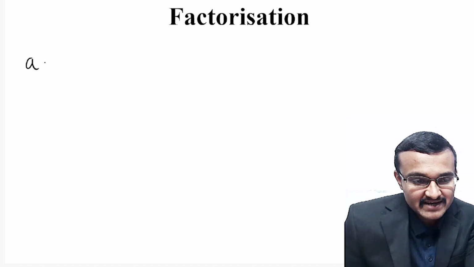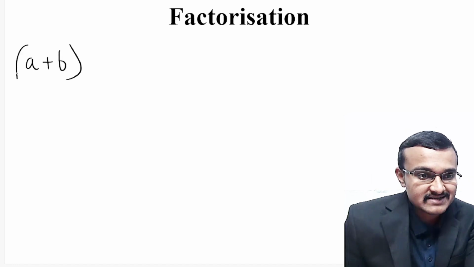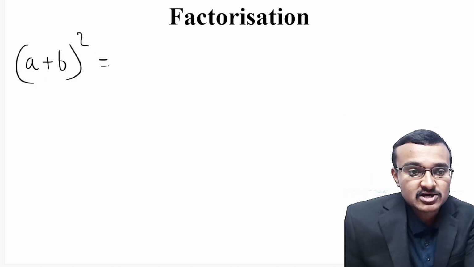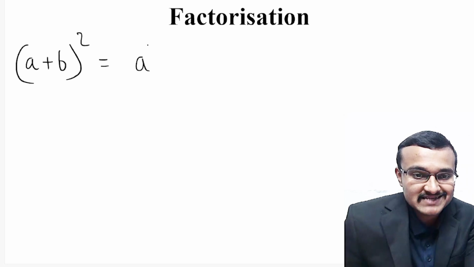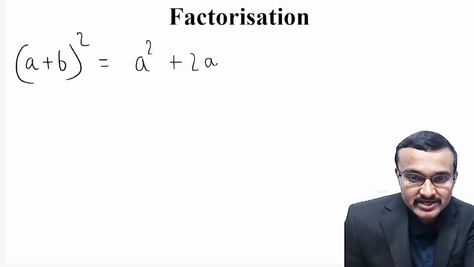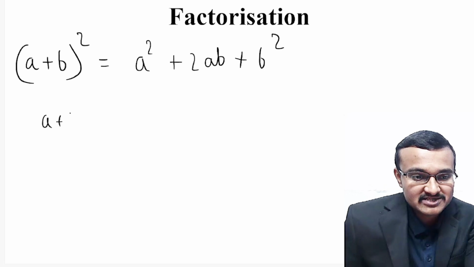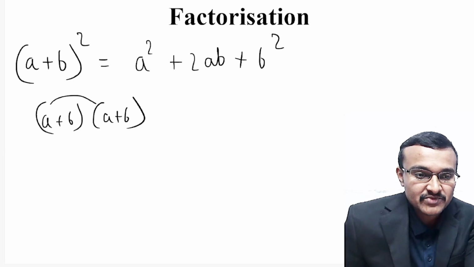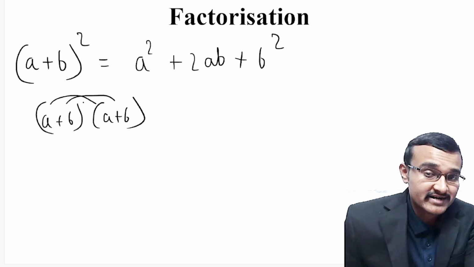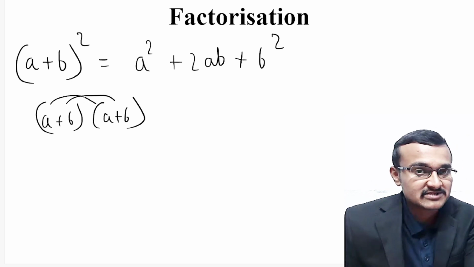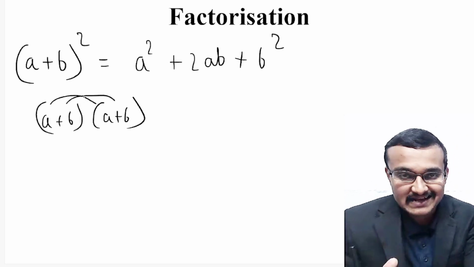So one particular identity which you should actually remember is (a plus b) whole square. So (a plus b) whole square is actually a square plus 2ab plus b square. This you might have learnt because (a plus b) whole square is actually (a plus b) into (a plus b). So when you multiply this, I have already explained you how to multiply an algebraic expression with another algebraic expression.